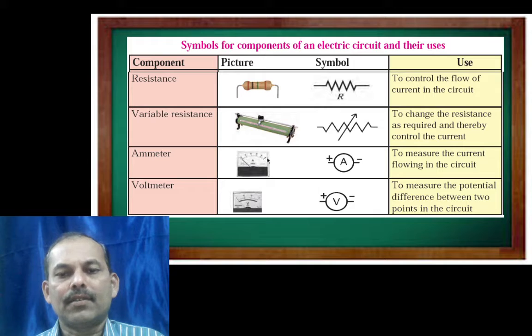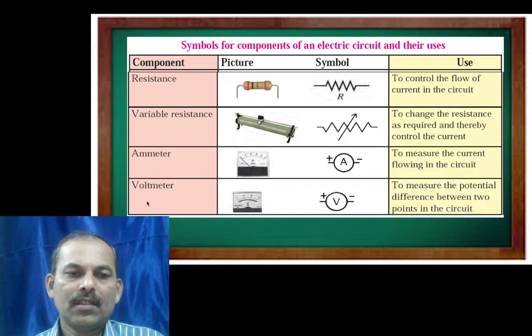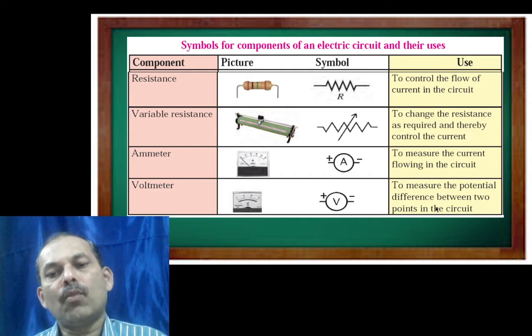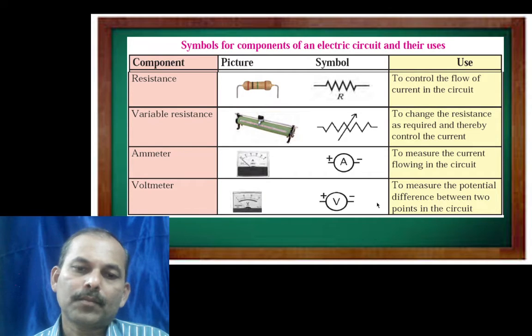Then the ammeter, we draw like this. It is used to measure the current flowing in the circuit. Then the voltmeter, the symbol is like this, and it is used to measure the potential difference between 2 points in the circuit.